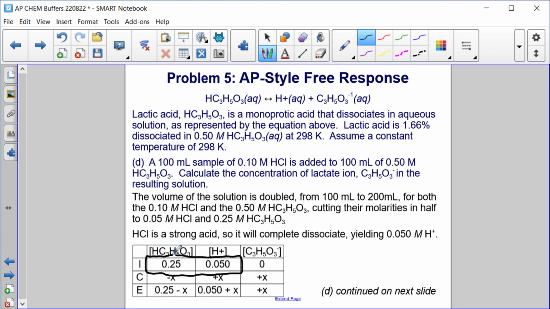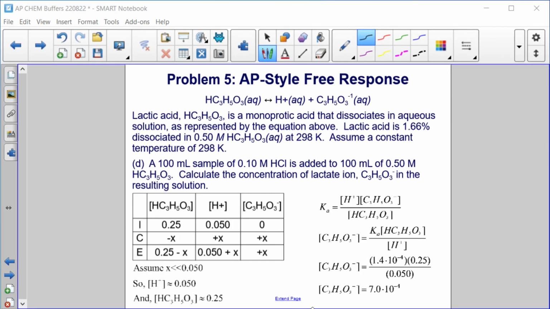HCl is a strong acid, so it will completely dissociate, yielding 0.050 molar H+. If we assume that X is very, very small, then the hydrogen ion concentration is just equal to the 0.050 completely contributed from the HCl.